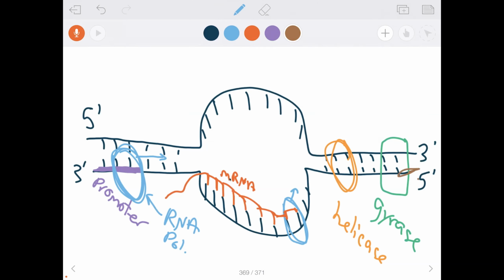So let's say it's all the way over here, this brown region right here is the terminator. So it will transcribe everything up to that point. So everything between the promoter and the terminator, almost everything, will get transcribed.